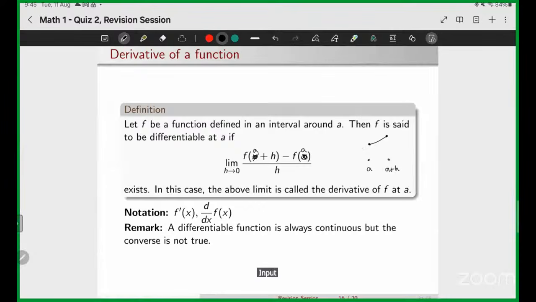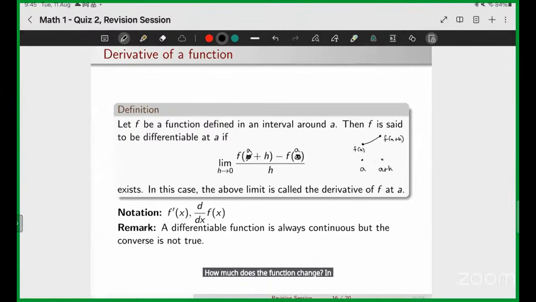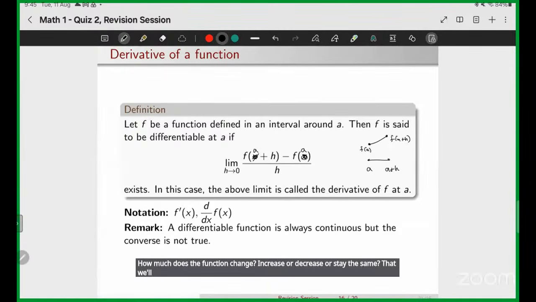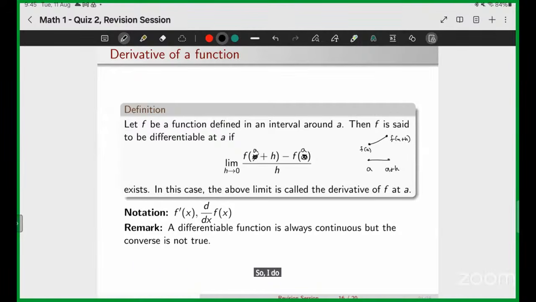The height is f of a, and this is f of a plus h. So I do f of a plus h minus f of a, the change in the output corresponding to the change in input. The change in input is precisely h. I take that rate of change, and I take the limit as the change goes to 0. This is what is called the derivative, if it exists. This need not always exist.